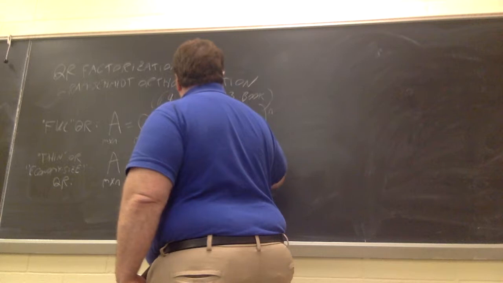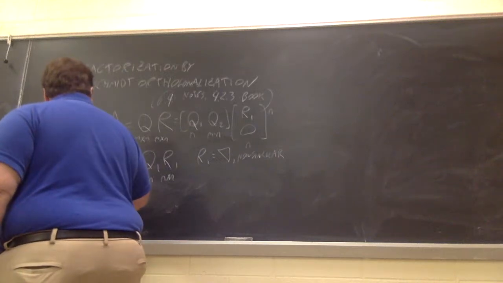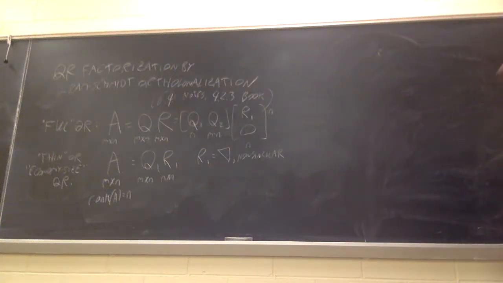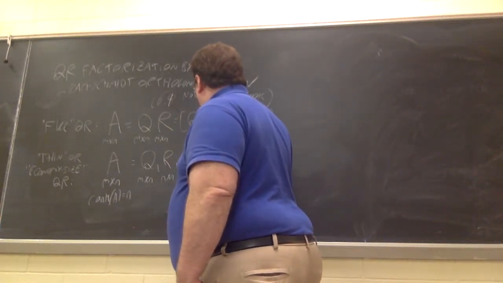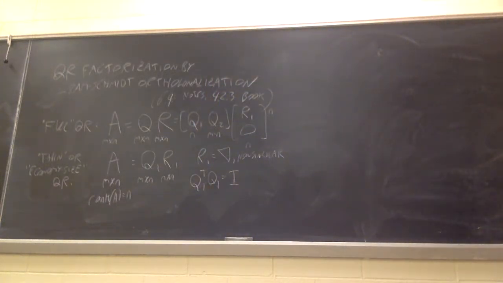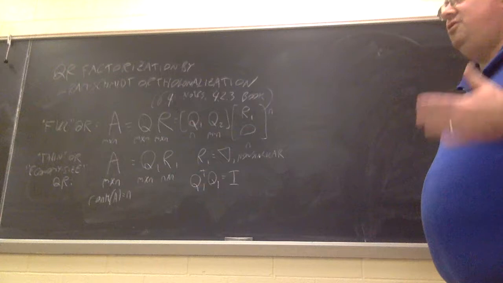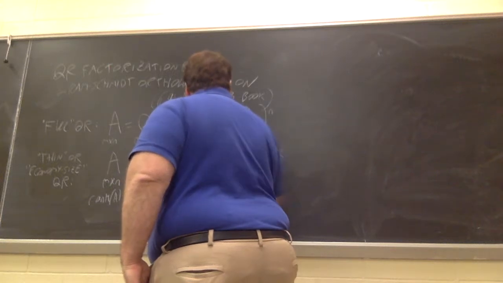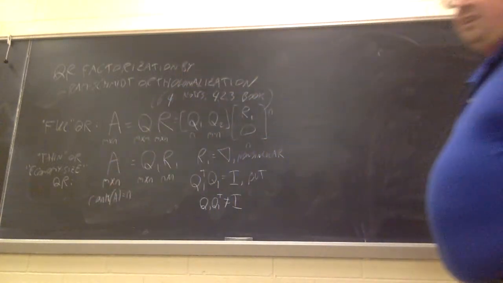R1 is upper triangular and is not singular due to our ongoing assumption about A, that its rank is n, with linearly independent columns. And Q1 has orthonormal columns, so Q1 transpose Q1 is still equal to the identity. But keep in mind, we're assuming that m is greater than n. So Q1 is not a square matrix; it's a tall, thin matrix. So it doesn't go the other way. Q1 Q1 transpose is not the identity.